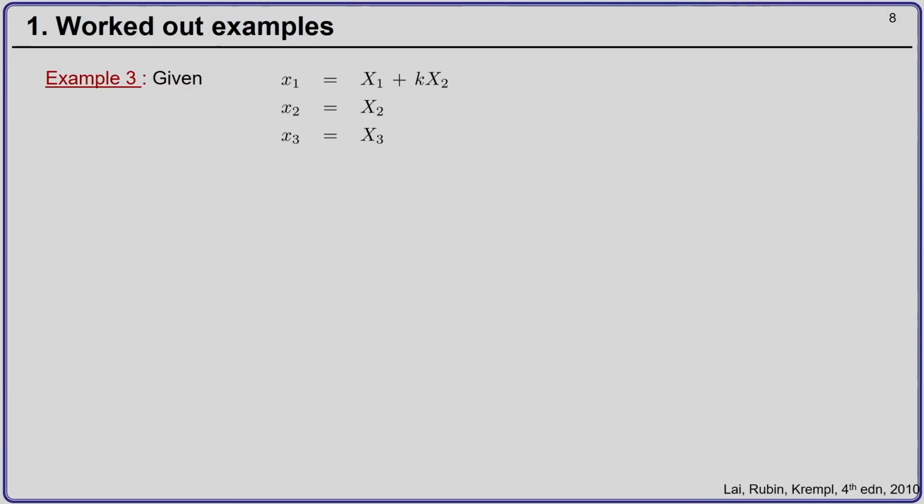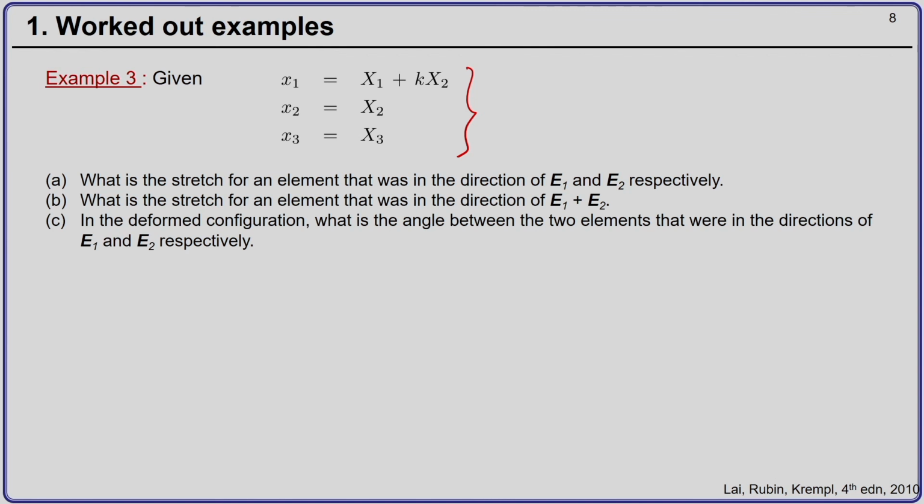So, moving to our next example, which is again a deformation mapping, given by x1 equals X1 plus k X2, x2 equals X2 and x3 equals X3. Now, we have to find the stretch of an element that was in the direction E1 and E2 respectively. Remember, capital E1, capital E2 are the basis vectors in the material coordinates or the initial configuration.